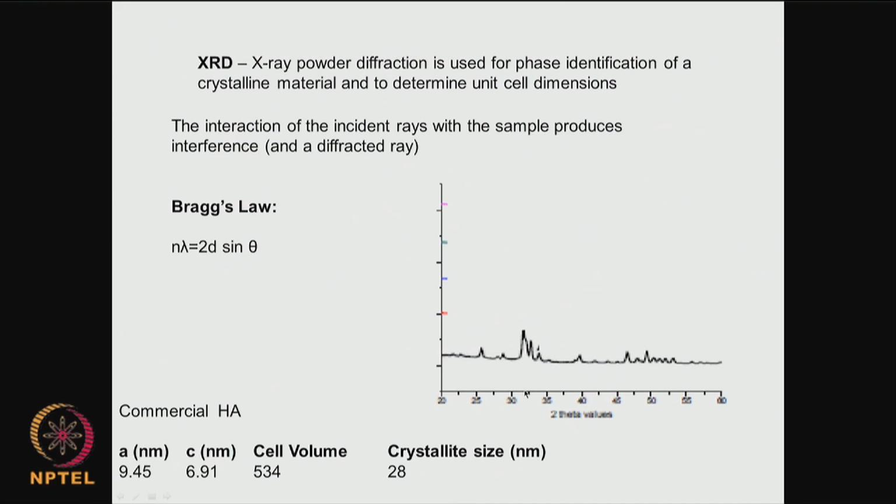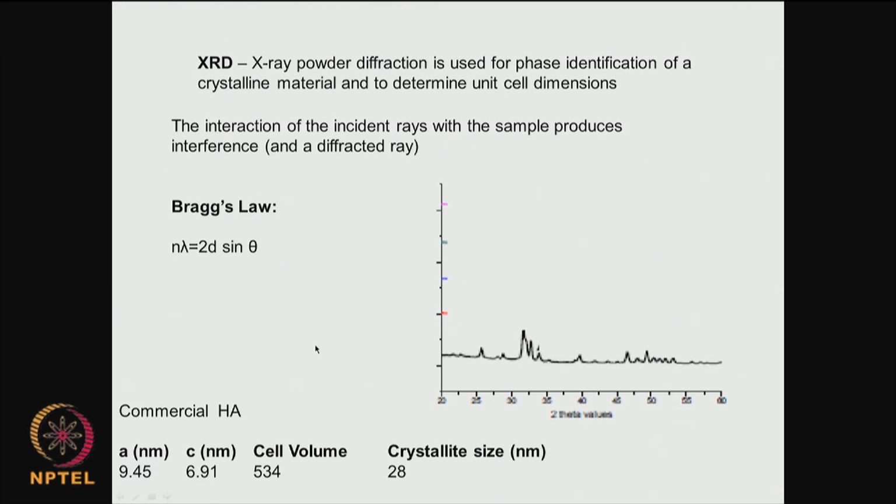From this 2 theta value we go to literature and see whether it matches exactly with hydroxyapatite. So we can tell whether we have really prepared hydroxyapatite, and if I am going to do modifications, these 2 theta values can get shifted or the crystallinity will be lost. So we make a lot of conclusions based on that.